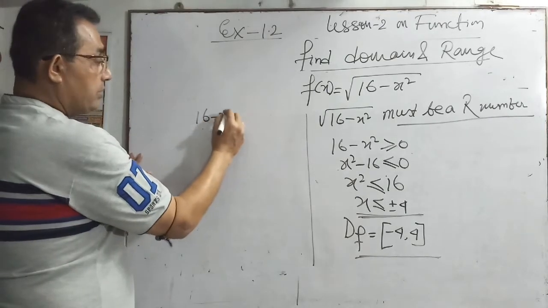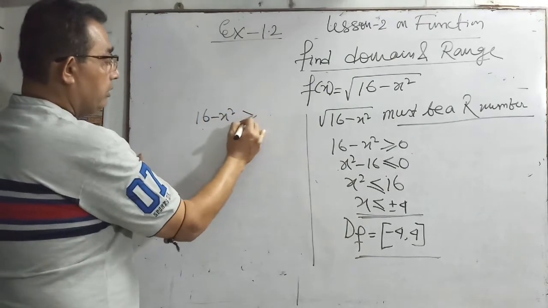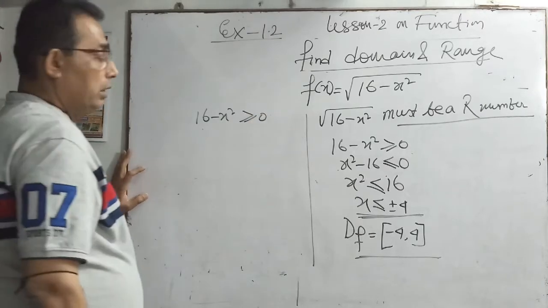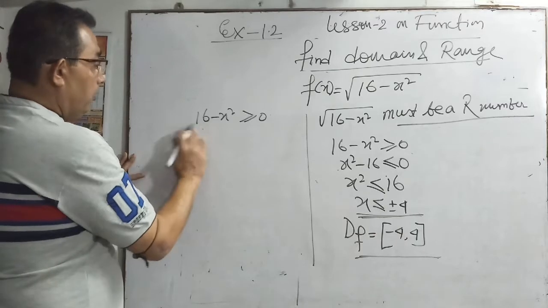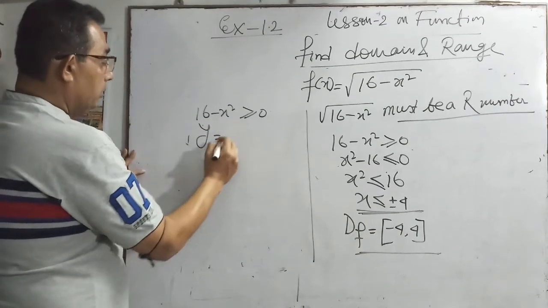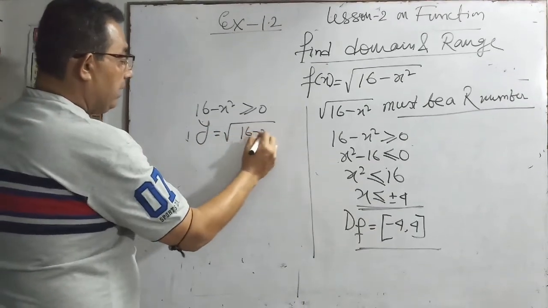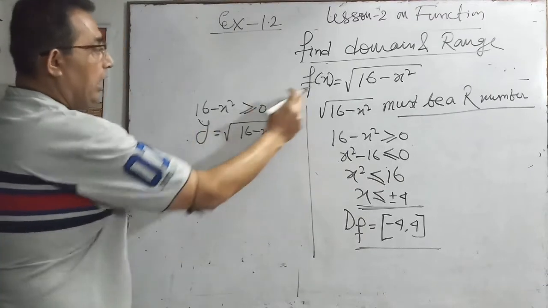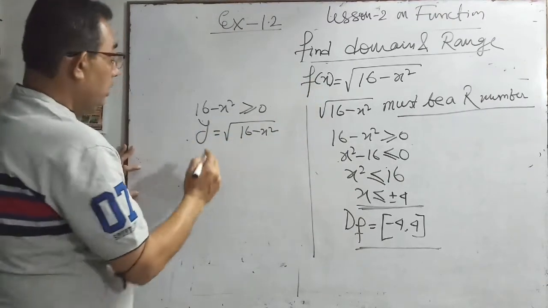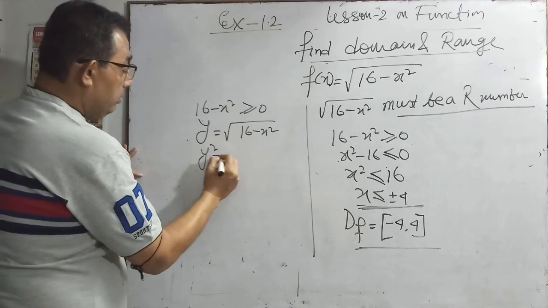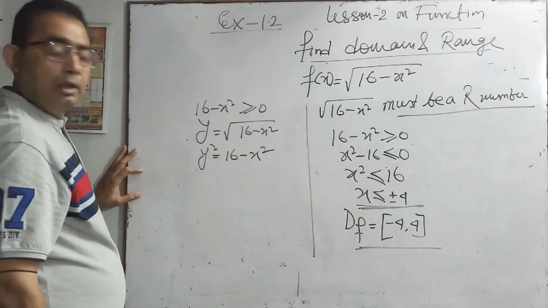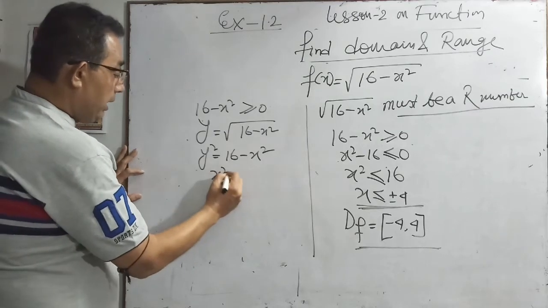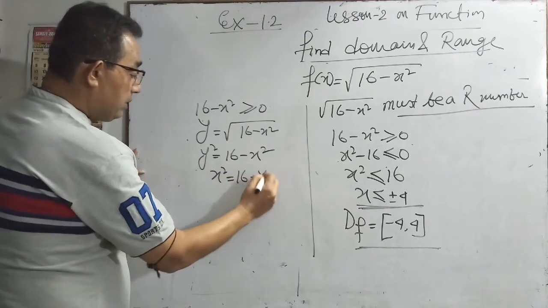Simple. Now range. Y is equal to square root of 16 minus x square. f(x) means y. Now y square equals 16 minus x square, so x square equals 16 minus y square.